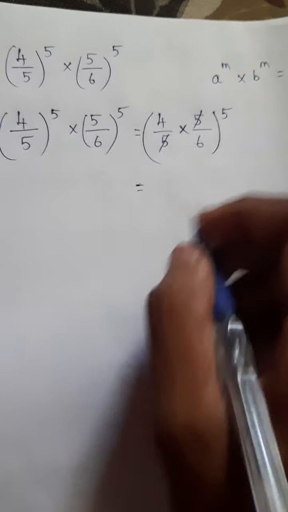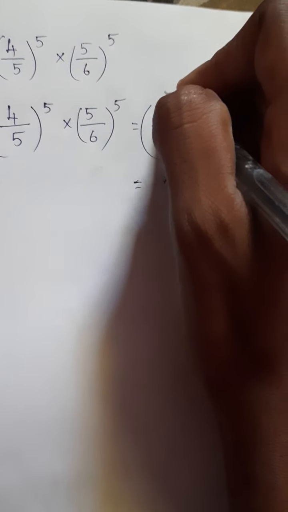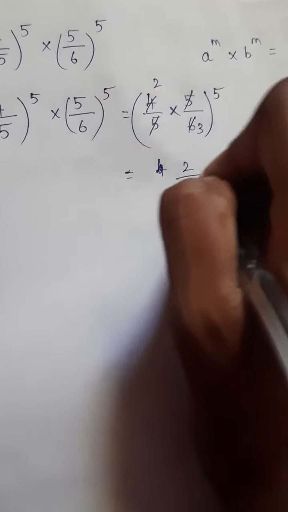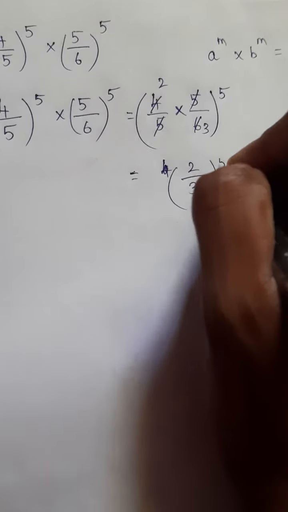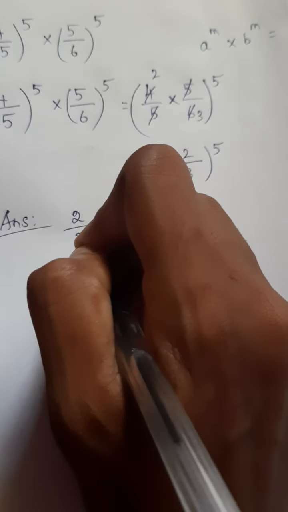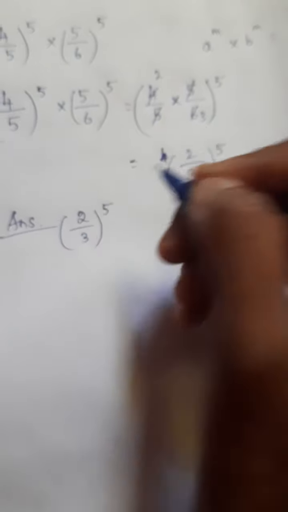Now we can cancel the 5. The remaining will be 4 by 6. The 2 can be cancelled, 2 by 3. So 2 by 3 the whole power 5 is the answer.